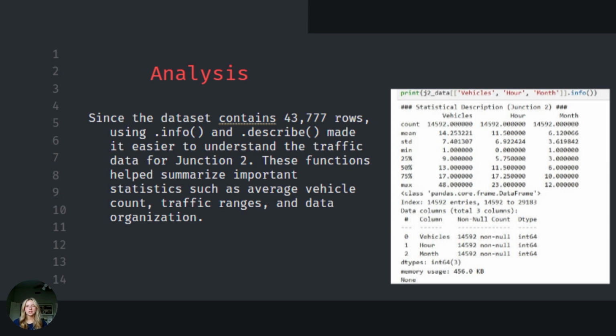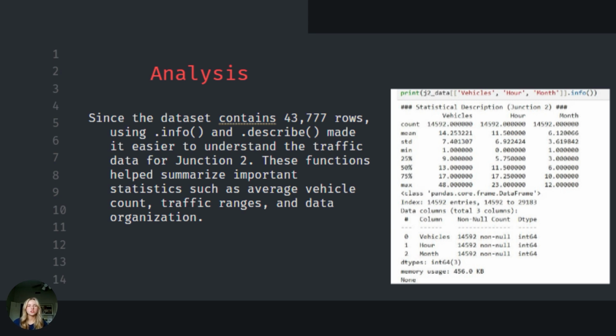Since the dataset contained over 43,000 rows of information, I first used the statistical tools of info and describe to better understand the data structure and the overall traffic behavior. This overall helped identify the important information, such as the average traffic volume, the peak traffic hours, and just how it would spread throughout the data.